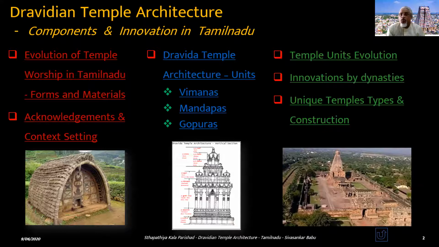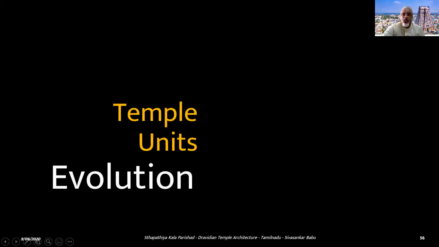We are also going to see some unique examples in the engineering fields and the variations in constructions. So let us go to the first section, the temple units evolution.